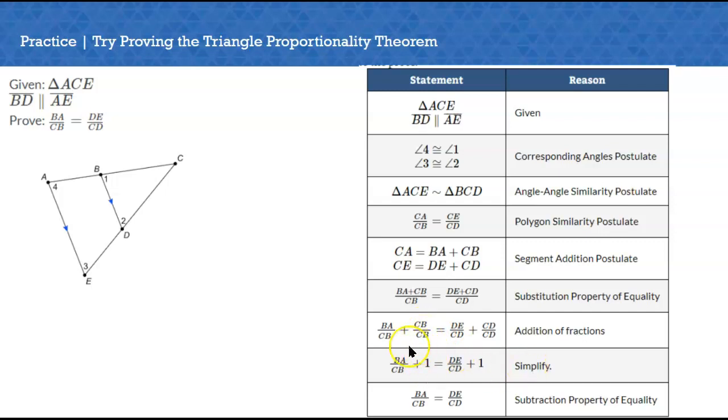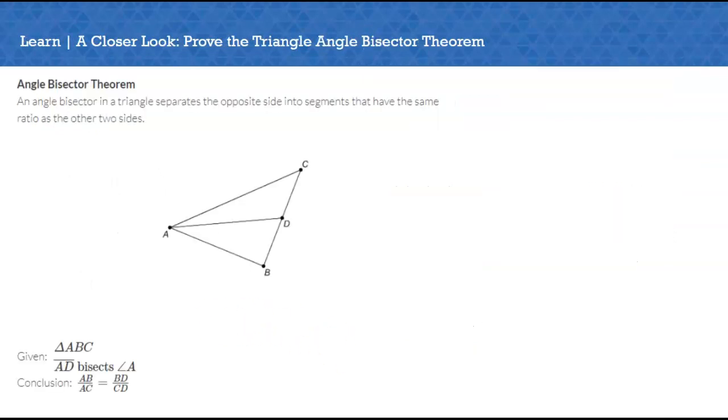That's called simplifying. So now we have that BA divided by CB plus 1 is equal to DE divided by CD plus 1. Subtract 1 from both sides, and we get that BA divided by CB is equal to DE divided by CD, but we never want to say proof. So our final step is just showing how I did it, and I did it by subtraction at the very end. Nice work.